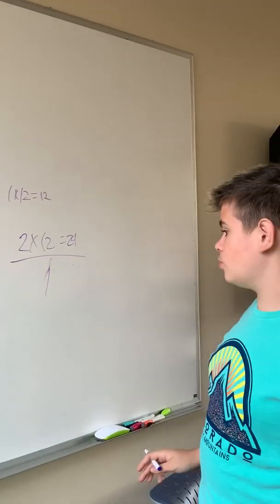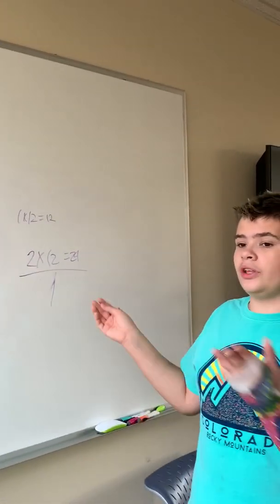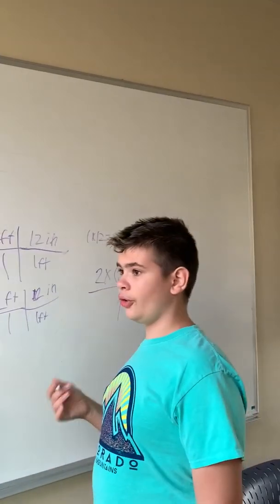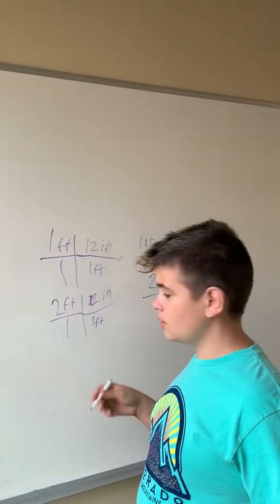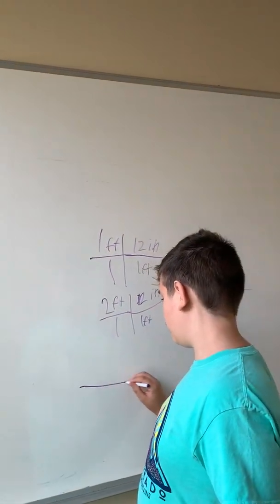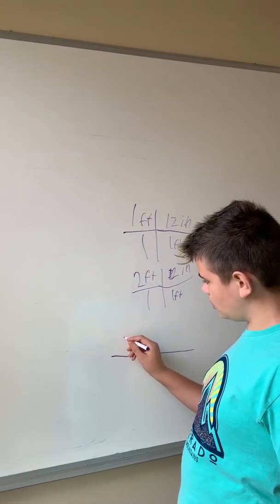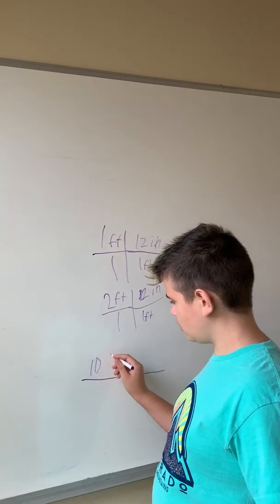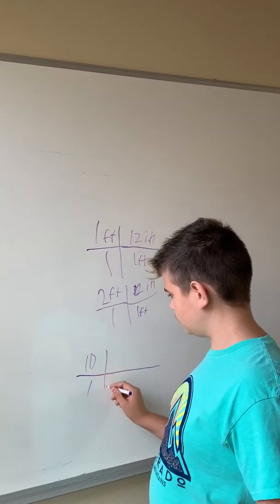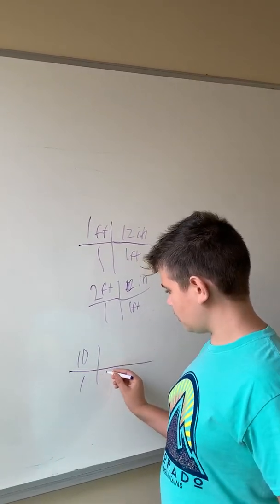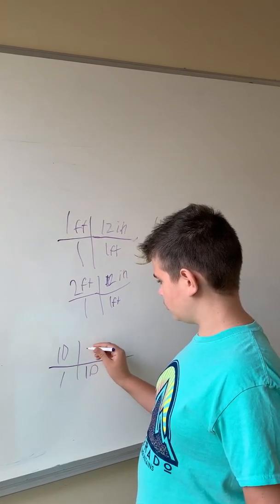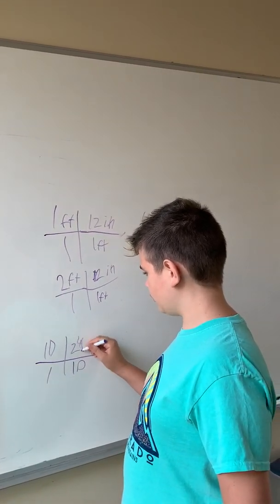Now, let's do a bigger, grander thing. How about seconds in a day? Because I've been doing seconds in a year for a while, and I want to mix it up. So in 1 day, there are 24 hours.